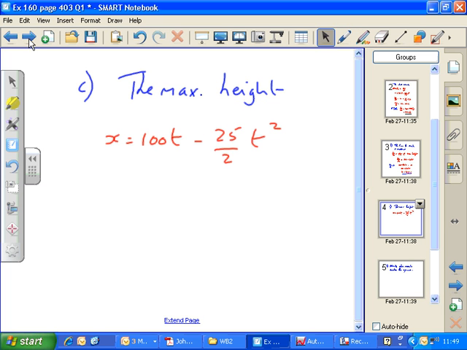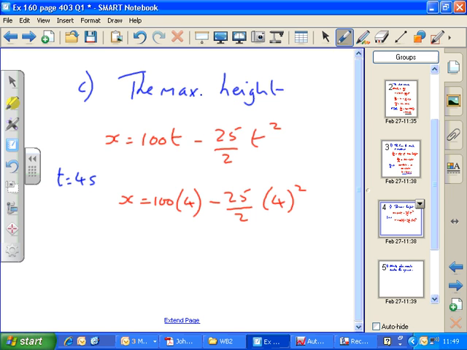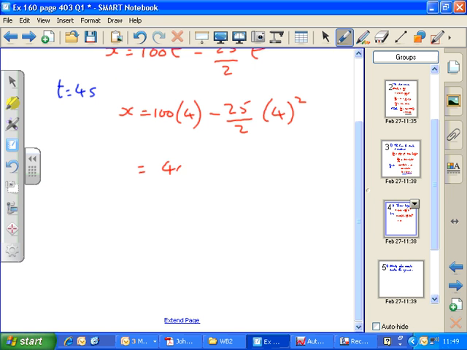So then t equals 4 seconds. x equals 100 times 4 minus 25 over 2 times 4 squared. 25 over 2 times 16, which equals 400 minus, 2 into 16 goes 8, 8 times 25 is 200.